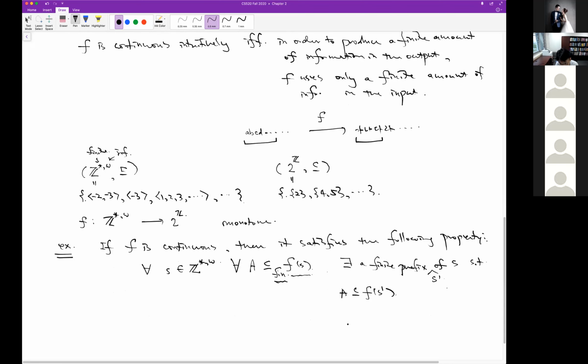Now, one thing I want you to notice is that because the function F is monotone, if you take a finite prefix S prime of S and apply function F, this order relationship is true: F of S prime is a subset of F of S. But what this result tells us is that if you only care about a finite amount of information in the output, you can always find a finite prefix of S that covers that information A in the output.